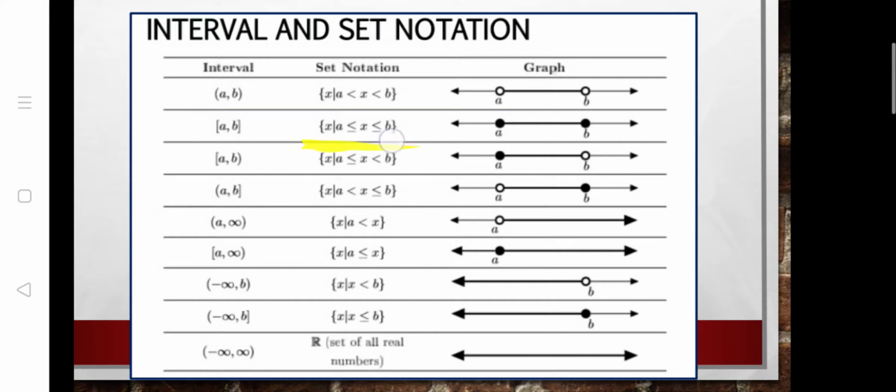So here we have x such that x is greater than or equal to A but less than or equal to B. We have the words "or equal to" in our inequality, greater than or equal to, less than or equal to, therefore they are included.